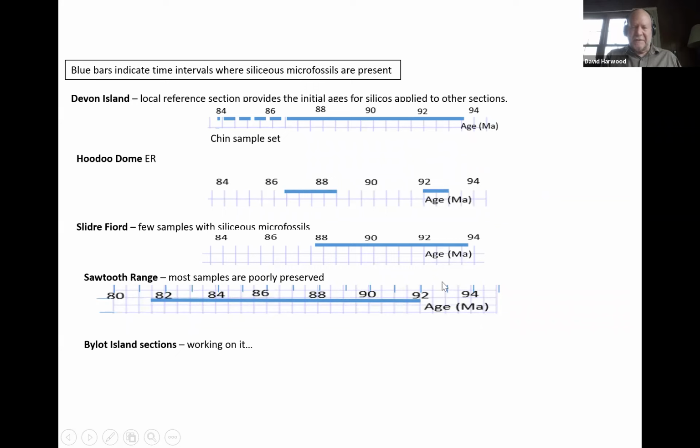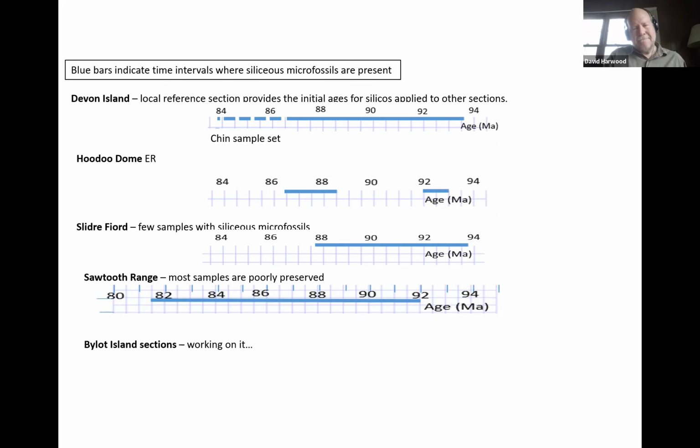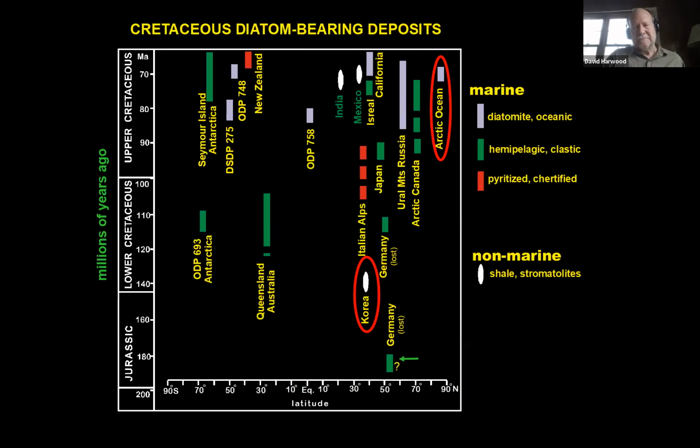Sleeger Fjord has a little bit through here, but from these 4 sections, we get a pretty good composite record with reasonably good age control, particularly for the Devon Island section, to now put these diatom events that we will be seeing into that stratigraphic and chronostratigraphic time frame, so that we will be able to see the appearance and disappearance of these taxa within this time interval, and help build a timescale using diatoms through this particular interval.